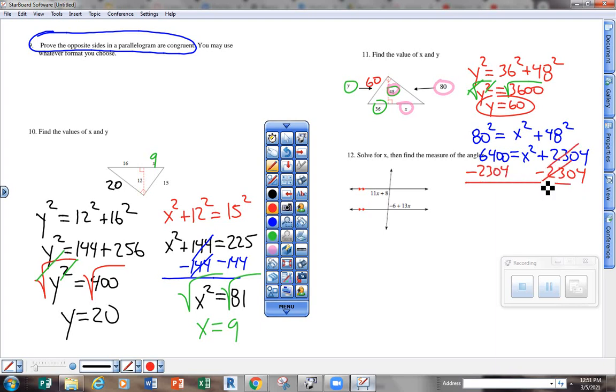So 6,400 minus that is 4,096. When you square root both sides, the square root of 4,096 is 64. So this x equals 64.